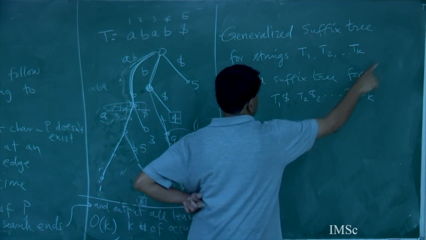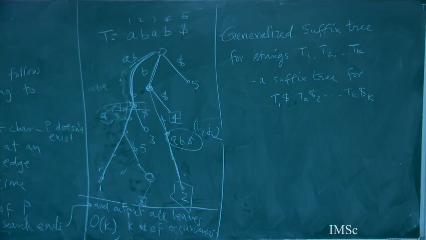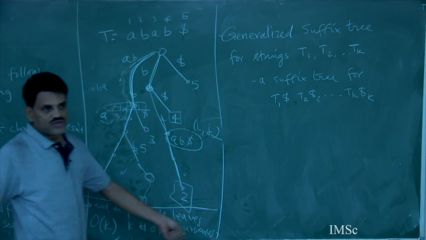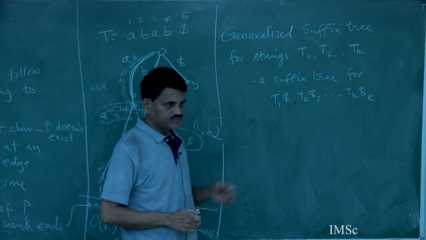So, concatenate all the strings. They are all over a fixed, same alphabet. Concatenate all of them with delimiters. You have this one big string and build your suffix tree for that big string.